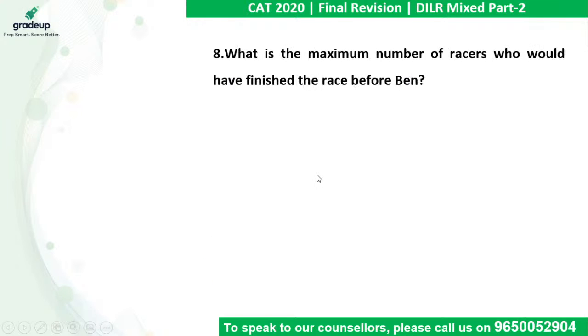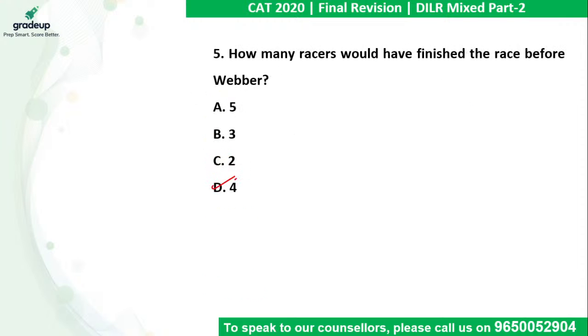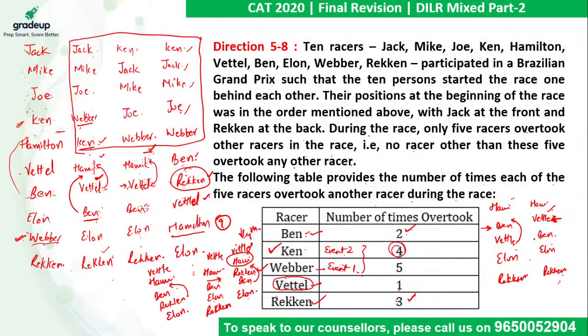Now in the last one he says, what is the maximum number of racers who would have finished the race before Ben? Now in order to maximize the number of racers ending the race before Ben, we definitely want every person to cross Ben. And I know that Eon can definitely not cross Ben because Eon is not in the list.